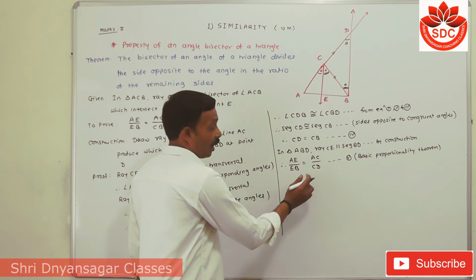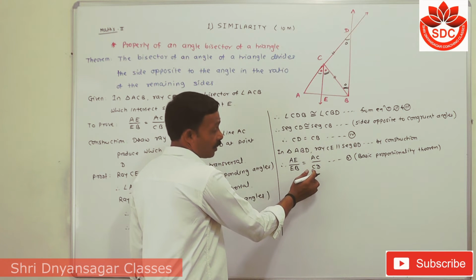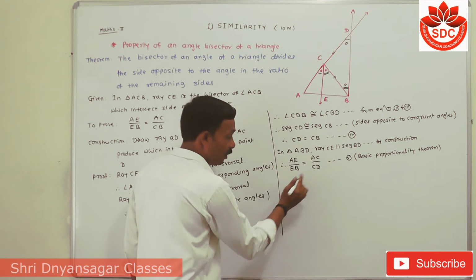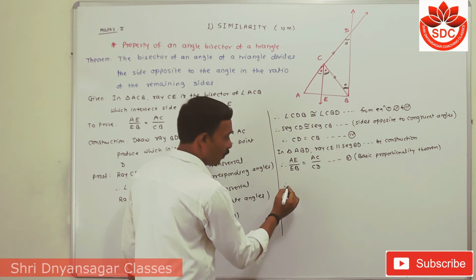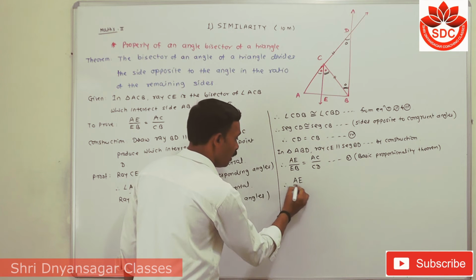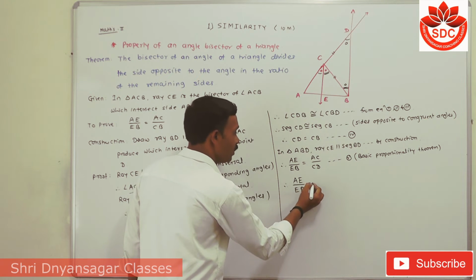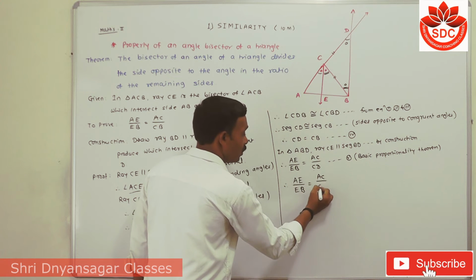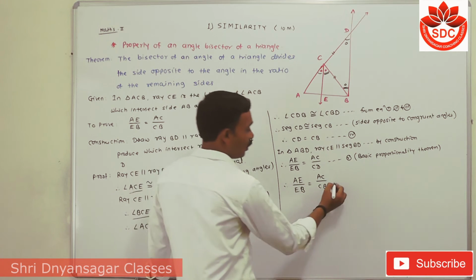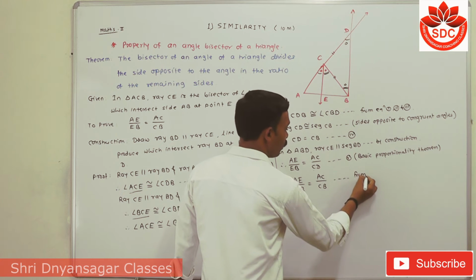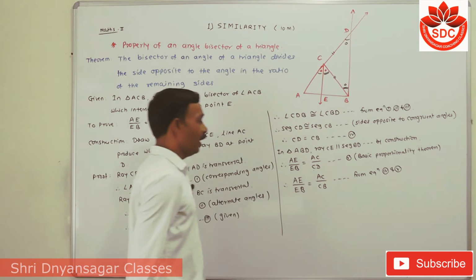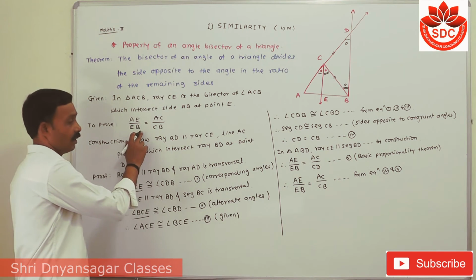Student, then our last step is that CD and CB are equal. We substitute the value of CD here, so that from equations 4 and 5 we write AE upon EB is equal to AC upon CB. The reason is that from equations 4 and 5. Hence, our result is proved.